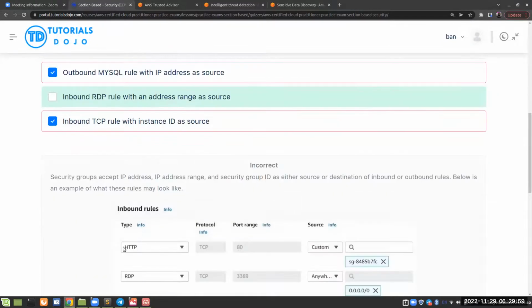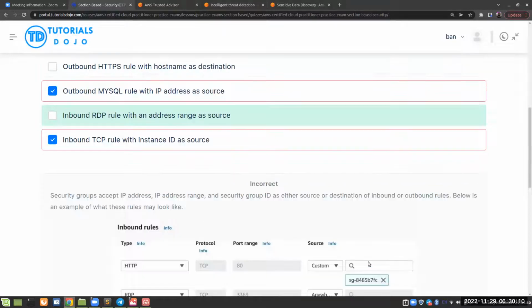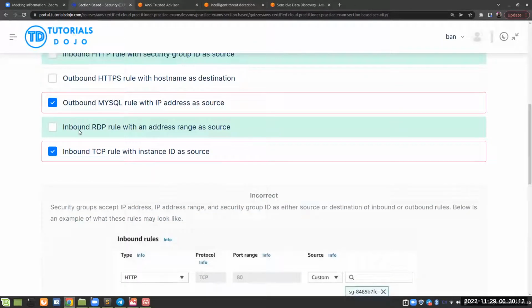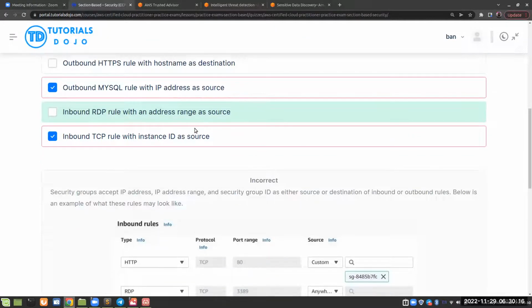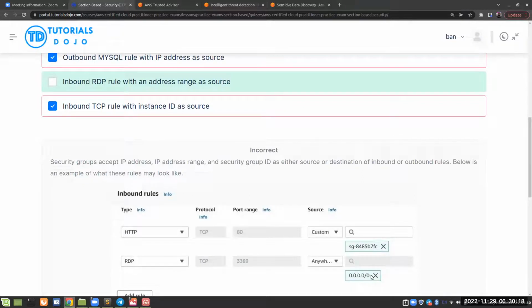That's correct. This is HTTP traffic, for example, and the source here is a security group. So that can be possible. And you can also have inbound RDP rule with an address range as source. So you can have this address range in this case.